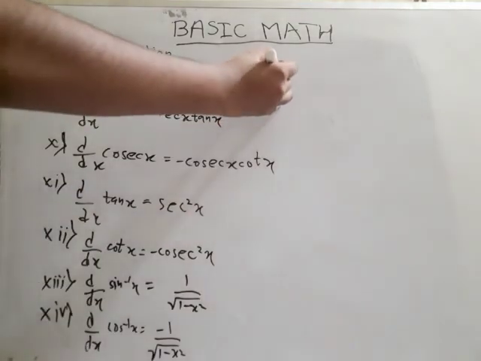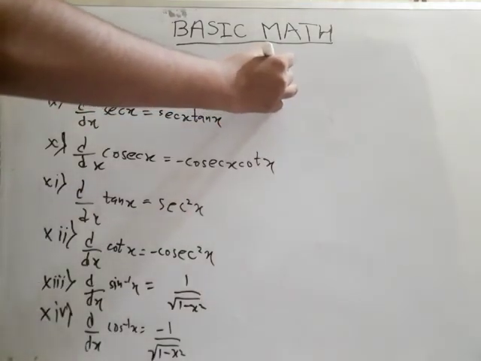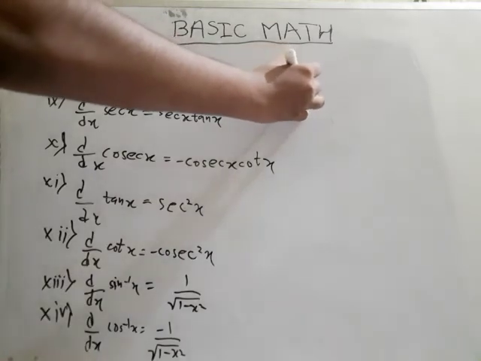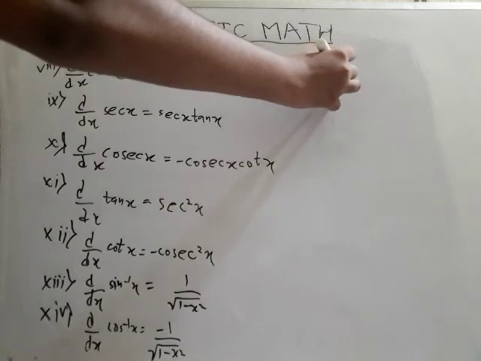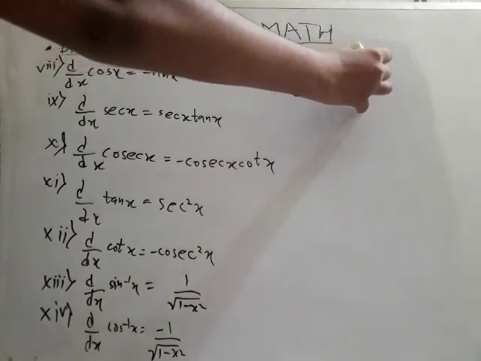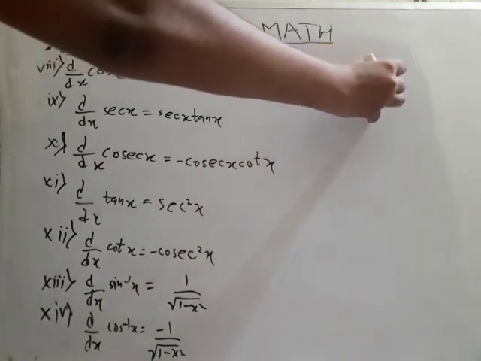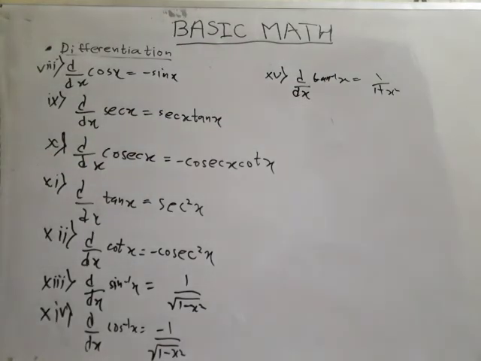And the last one is d/dx of tan inverse x equal to 1 by 1 plus square of x. So these are the formulas regarding differentiation.